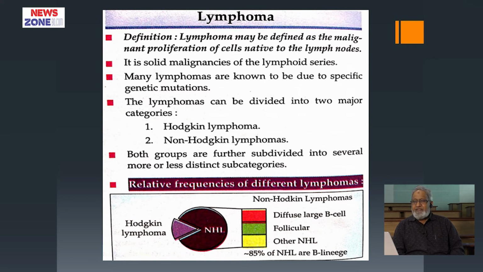Many lymphomas are known due to specific genetic mutations, and lymphoma can be divided into Hodgkin's lymphoma and non-Hodgkin's lymphoma. Both groups are further subdivided into several distinct subcategories.